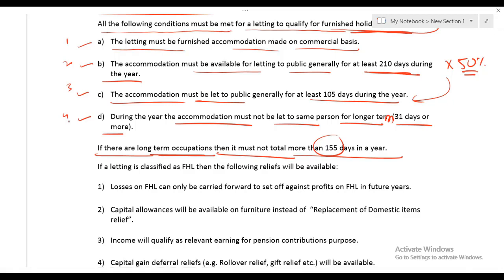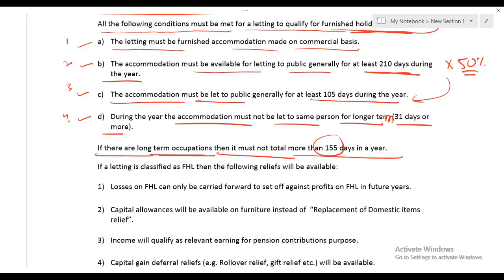Now the question comes, if a property is a furnished holiday letting, then what benefits is the individual going to get? Why do we have so many conditions? The reason is the tax implications for furnished holiday lettings are very different as compared to normal property income.